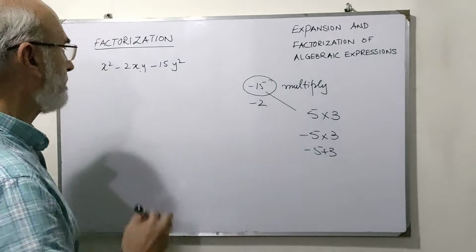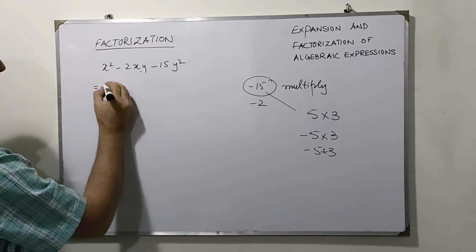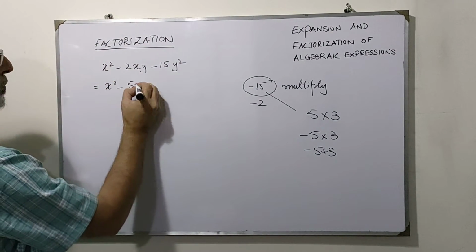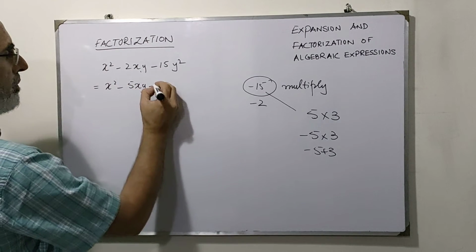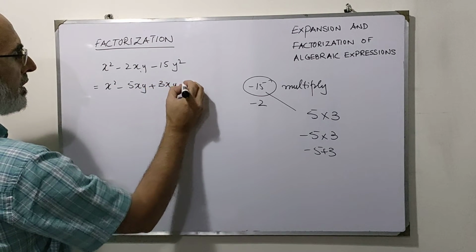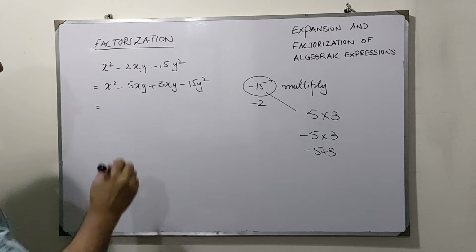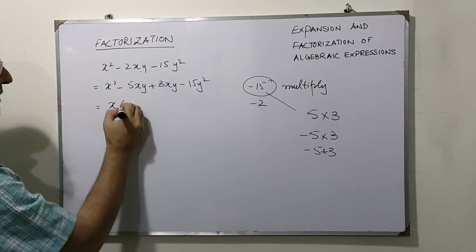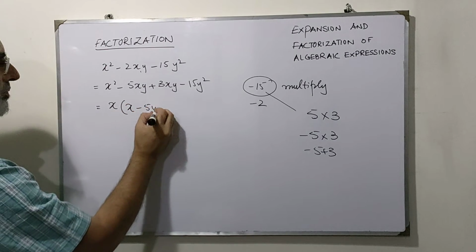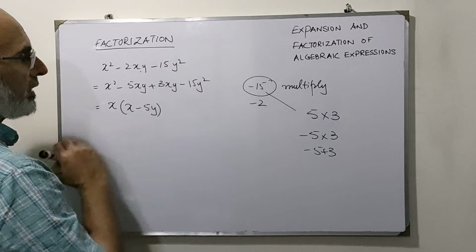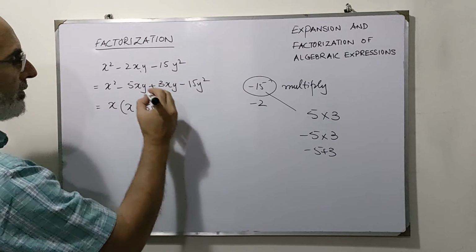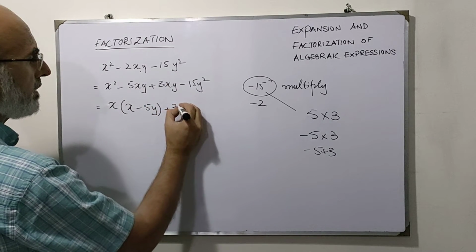Minus 2xy. So x square minus 5xy plus 3xy minus 15y square. Now let's take common. What is common over here? Only x, so x (x minus 5y). What is common over here? 3 and y, so plus 3y.